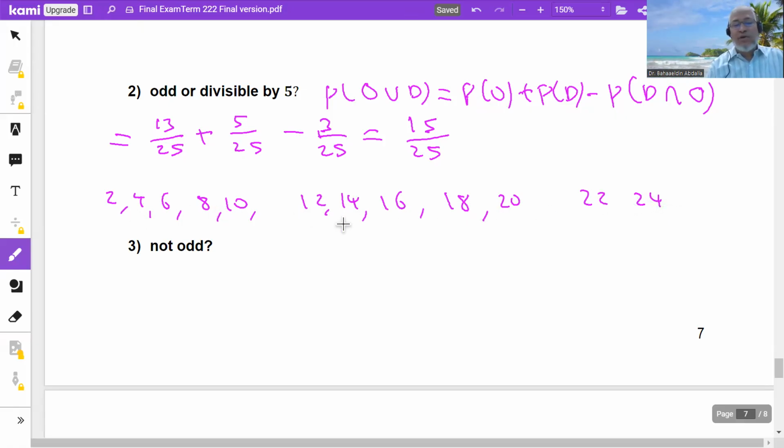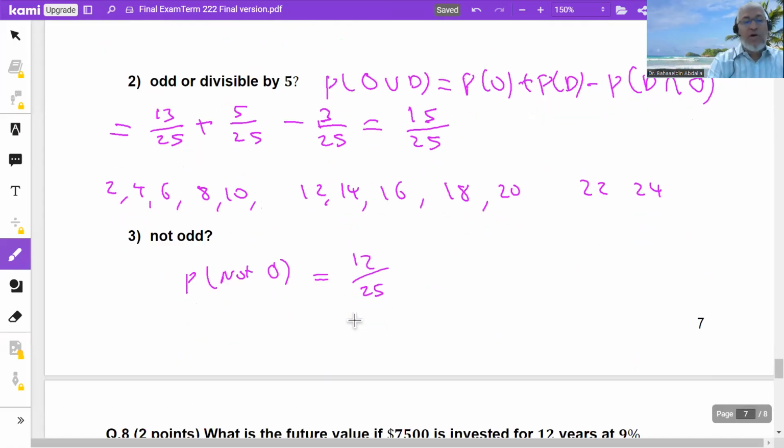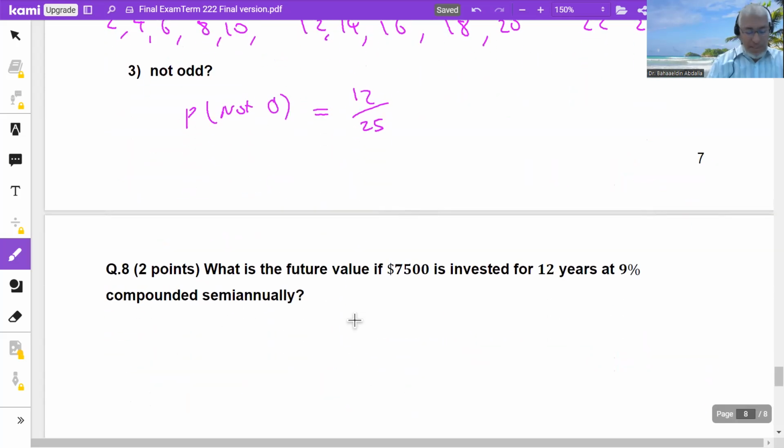So 5 plus 5, 10 plus 2, 12. So the probability of not odd is 12 over 25. That's the probability of not odd. And this is the answer of question 7.